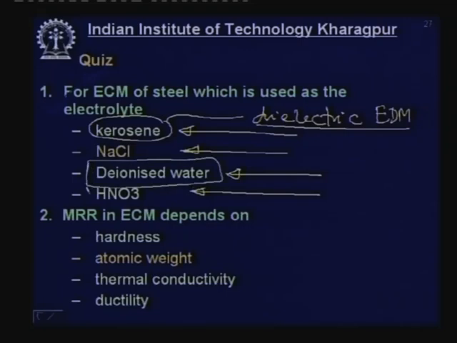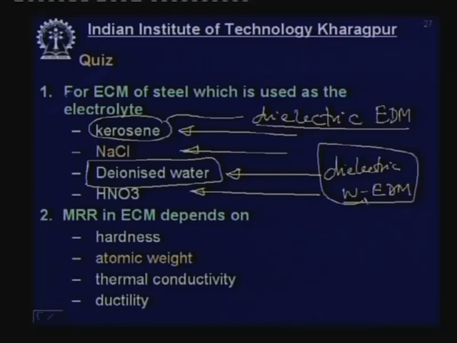Deionized water, this is not tap water. Deionized water is once again a dielectric, and it is used in EDM. Because this is dielectric, because it is deionized, it does not have so many ions, so it will not ionize easily. It requires higher ionization potential, so you do not use it.